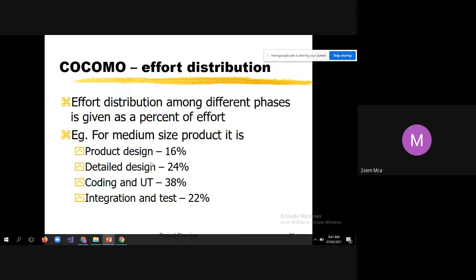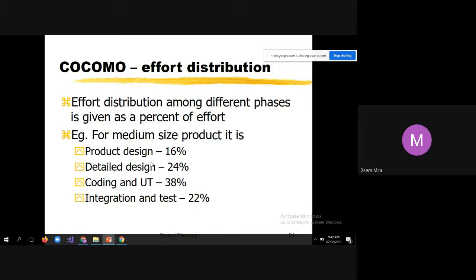When we calculate the overall effort of the project, it will be in terms of hours and how many people are required, assuming that each person works 8 hours per day. Using that as the basis, we calculate the effort.